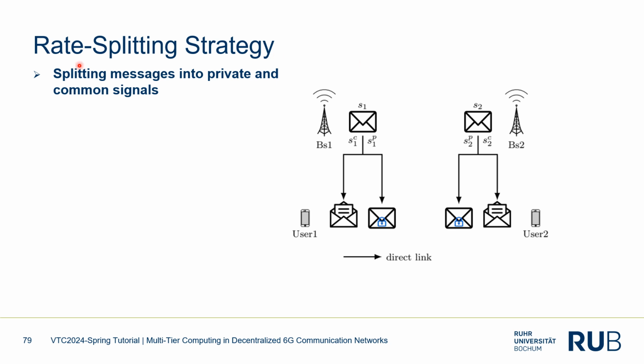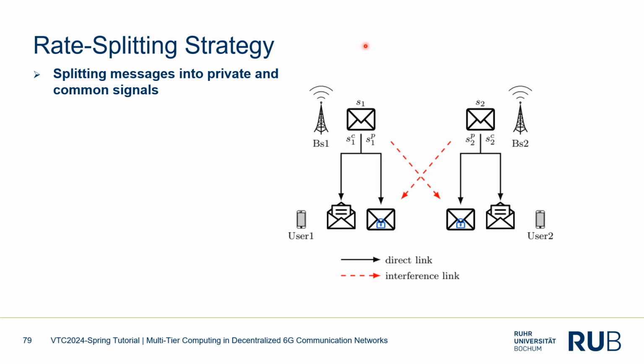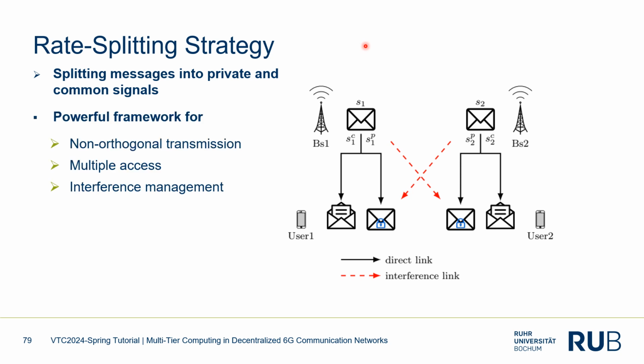Now, the idea of rate splitting is to split the messages into a private and common part. So if we refer to the example on the previous slide, we have the two base stations that transmit a message to the users. And what they do now is this message, for example message 1, will be split into a common part and a private part. So there is still interference. However, the common parts that will be transmitted can potentially also be decoded at other users.